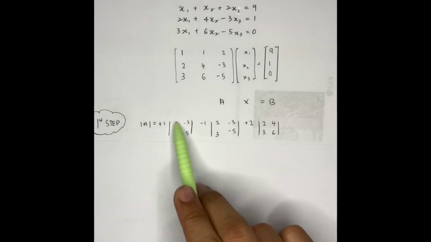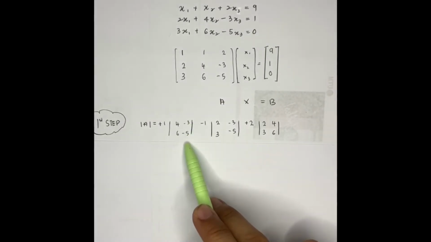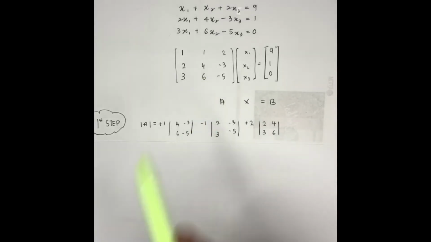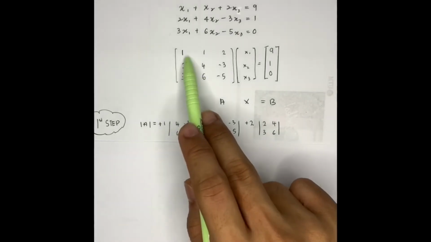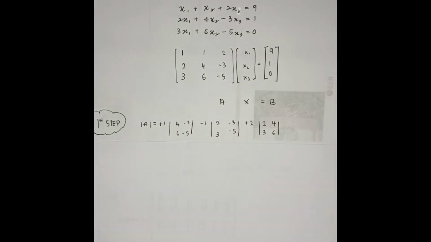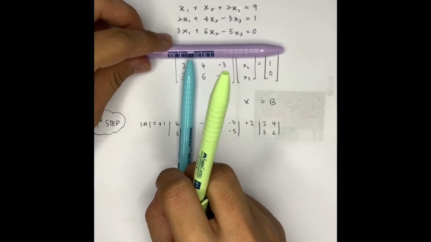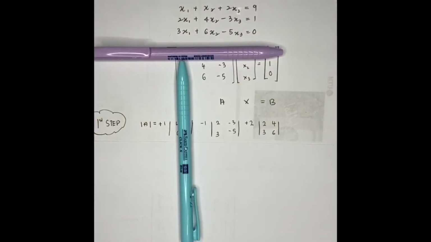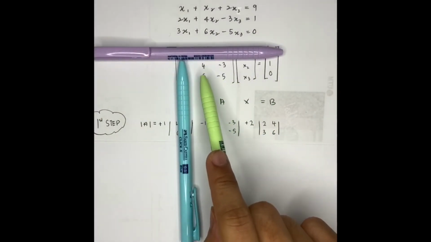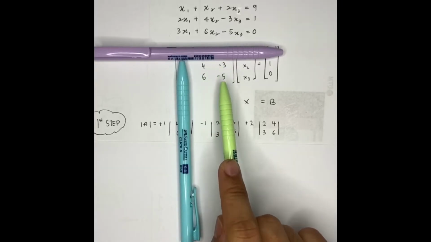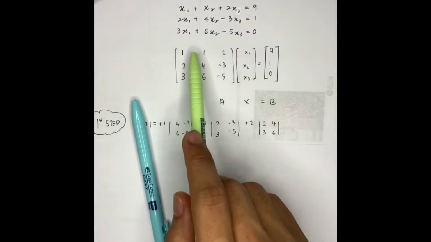How do you get 4, 6, -3, -5? All this is in the matrix form. Let's say the first value is 1. You need to cover the entire row and column like this. Copy down the numbers left, like 4, 6, -3, -5. So this is for the first value, which is 1.